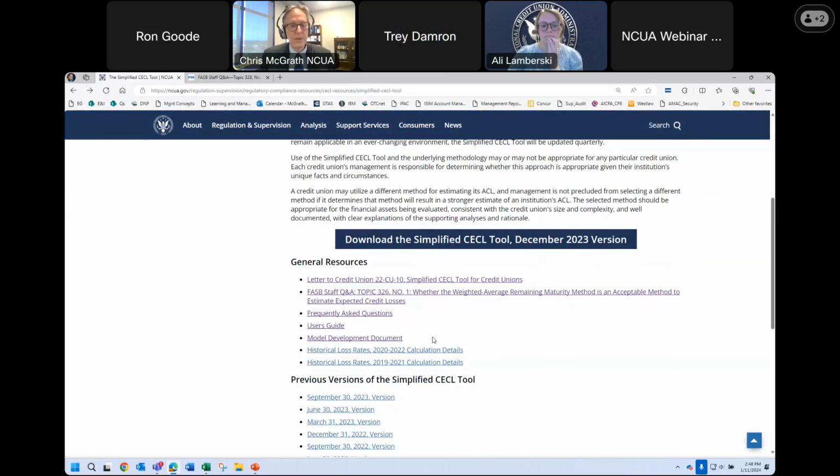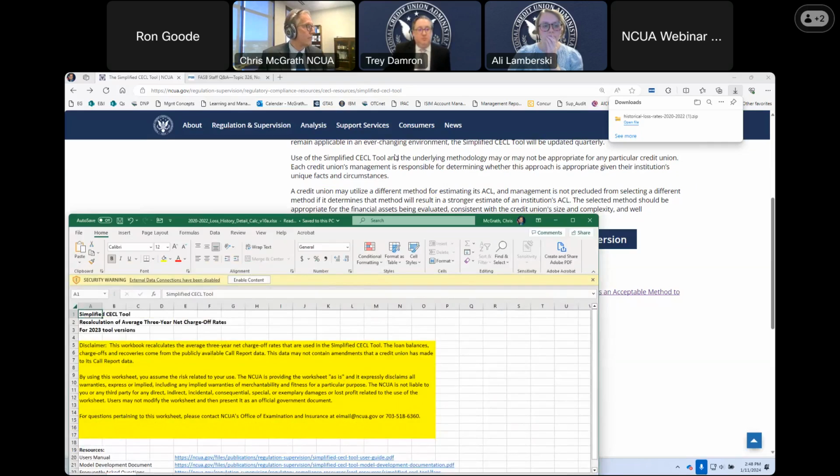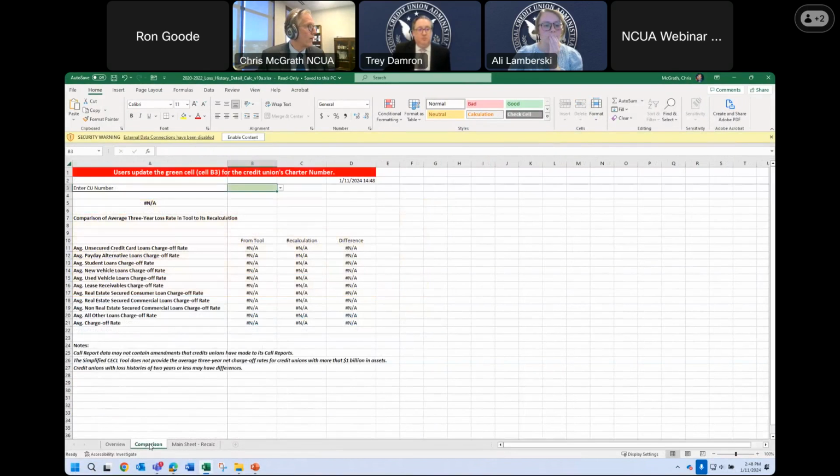And another item, I talked earlier about the model development document. That explains to the auditors how the tool works. And then we also have historical loss rates. If you click on this, this is a spreadsheet where I'm just going to pick any random credit union.